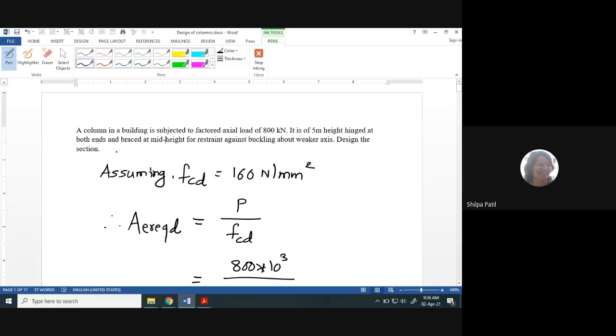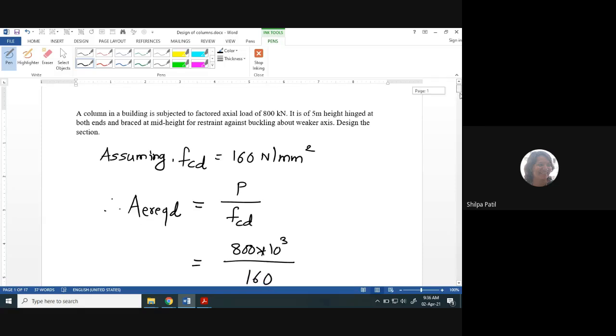It is of 5-meter height, hinged at both the ends, and braced at mid height for restraint against buckling about weaker axis. Now my YY axis is the weaker axis. Okay, and to avoid the buckling about YY axis, there is a bracing provided at the mid height.